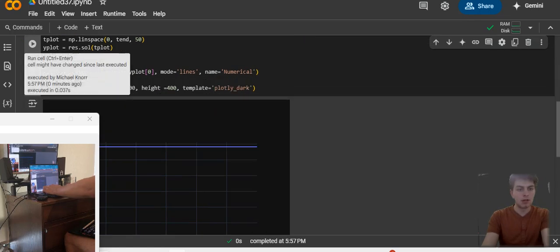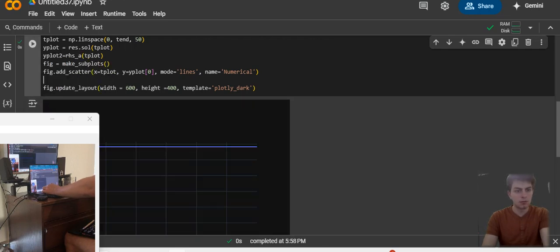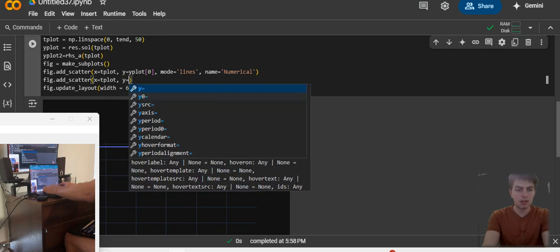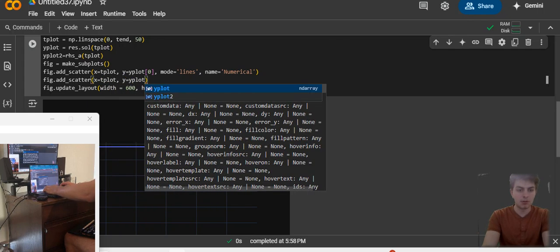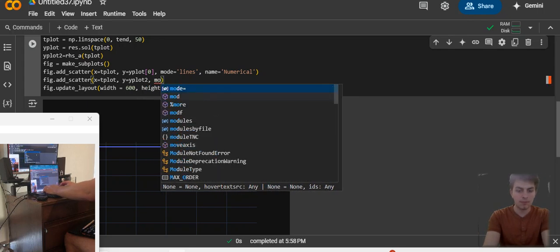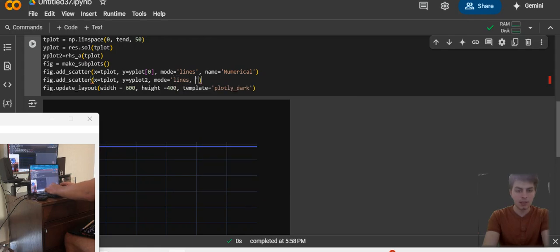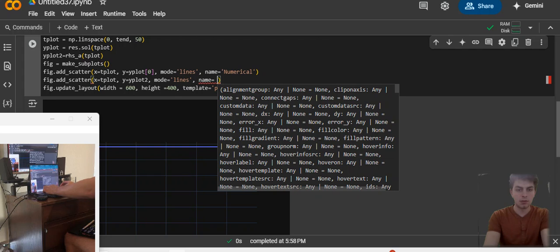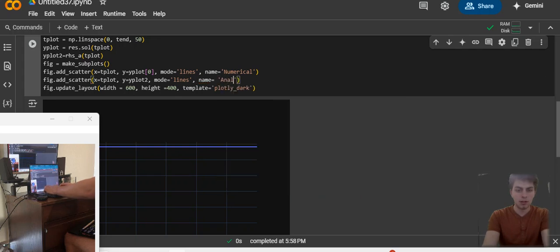And then we're just going to go ahead and add here, fig dot add scatter x equals t plot, y equals y plot 2, mode again lines and our name should be analytical.